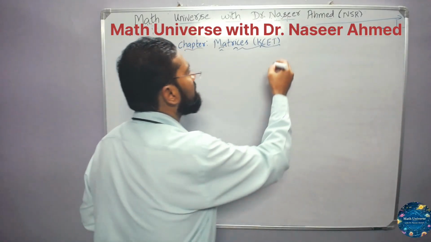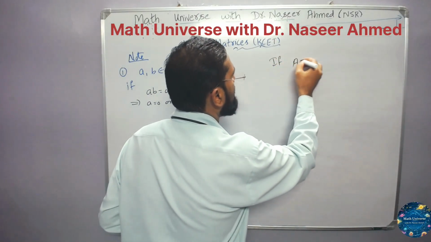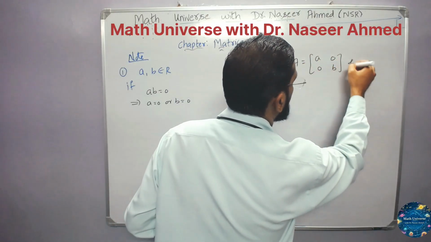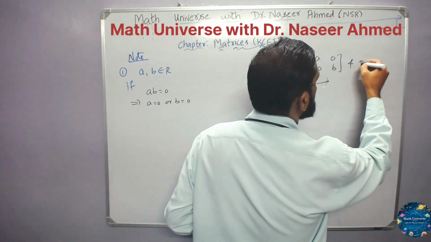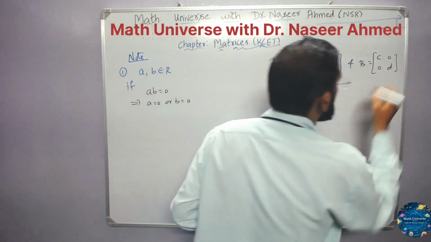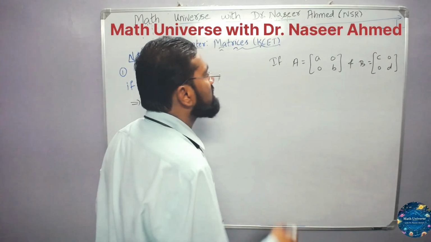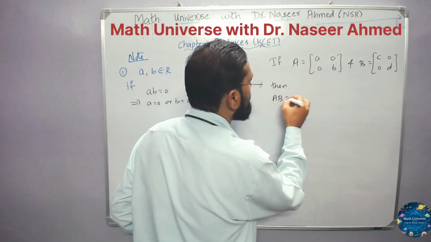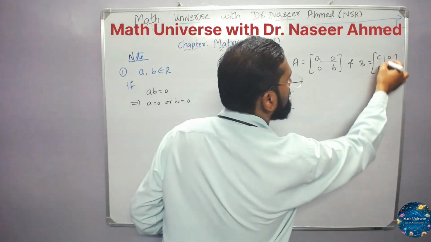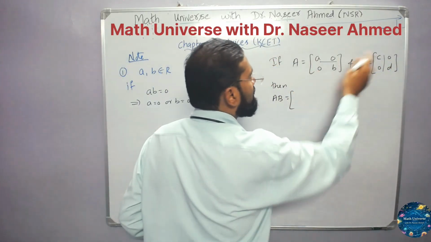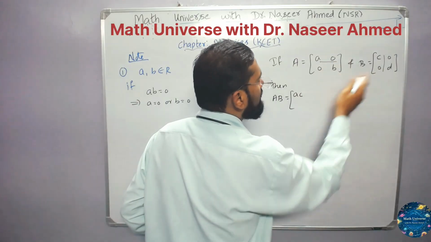So this matrix, if I take two square matrices, just see A into B and B into A of this. If you multiply A into B, row, column, correct? Since I have already taught you matrix multiplication, let's see, A into C is AC, 0 into 0 is 0.